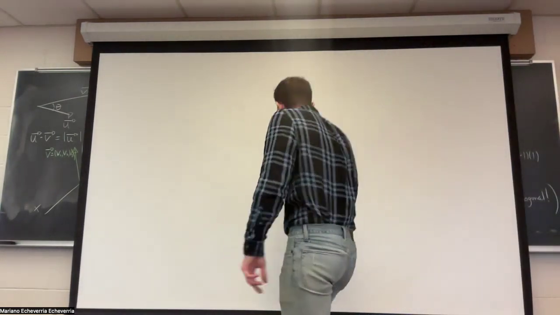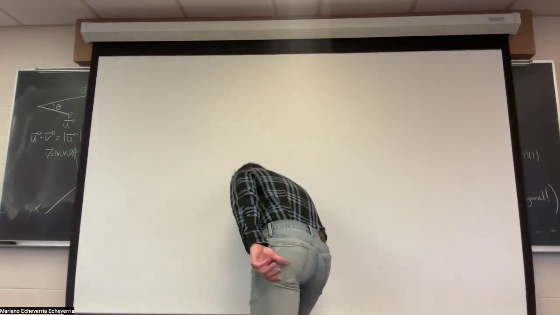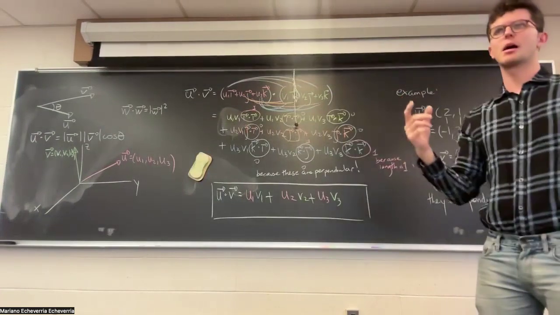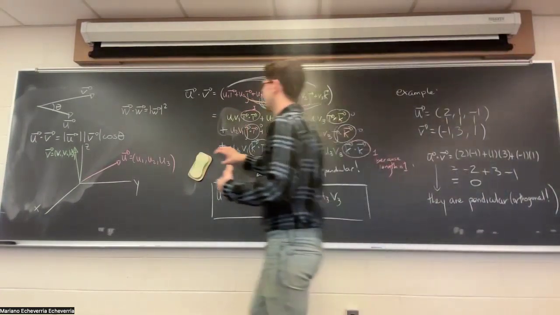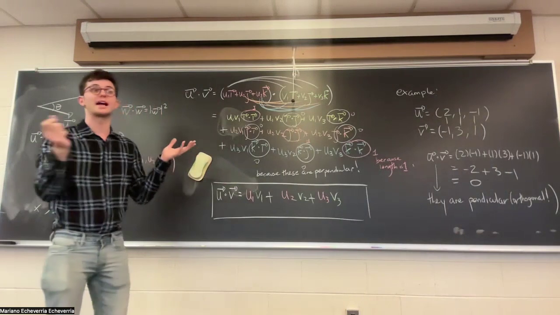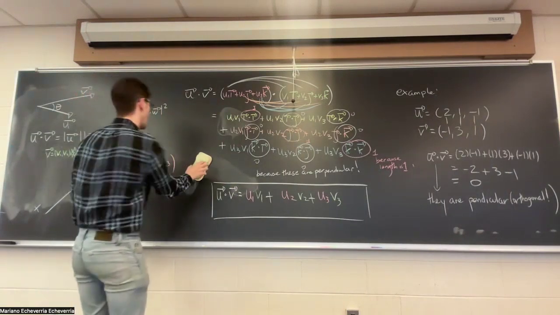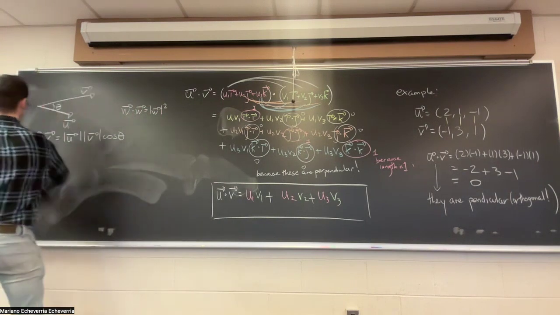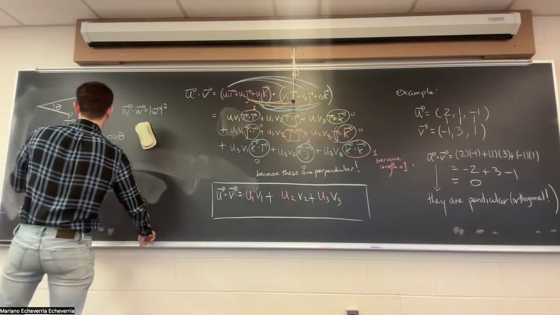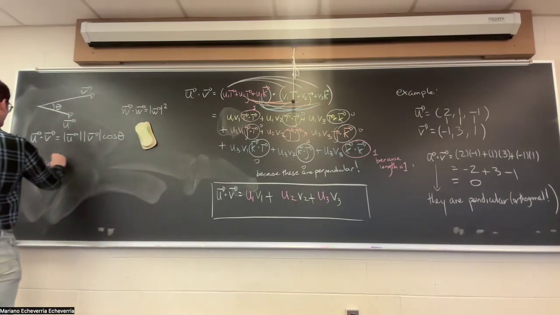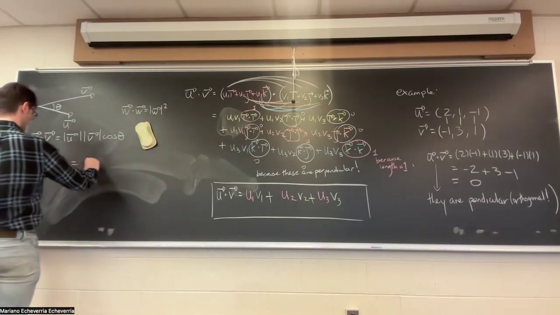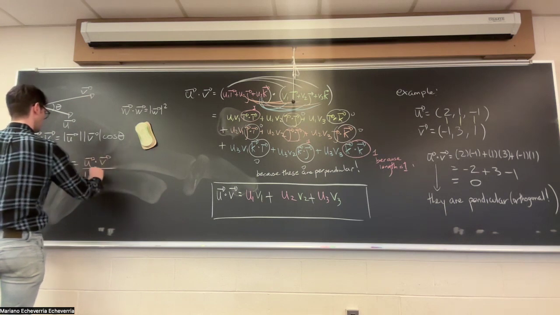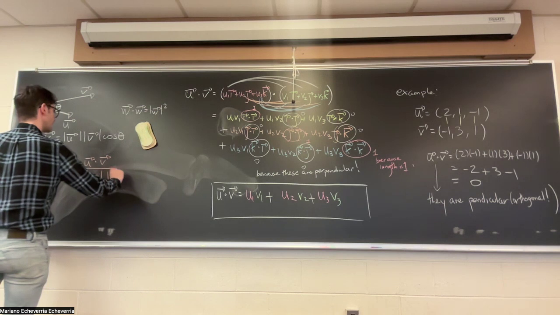One common way to use the two formulas at the same time is that it also gives you a formula for the angle between two vectors. Coming from here, you can say that the cosine of the angle between two vectors is this.